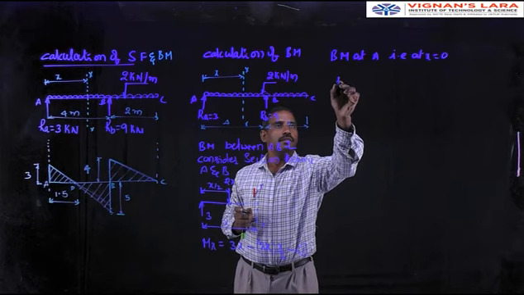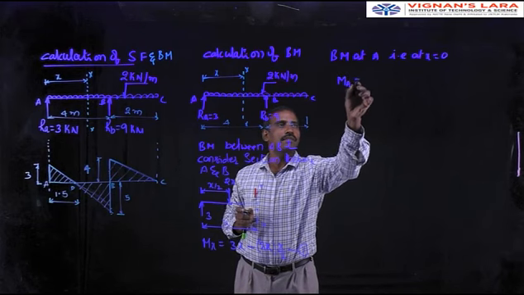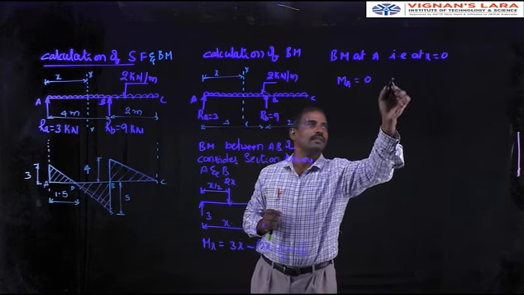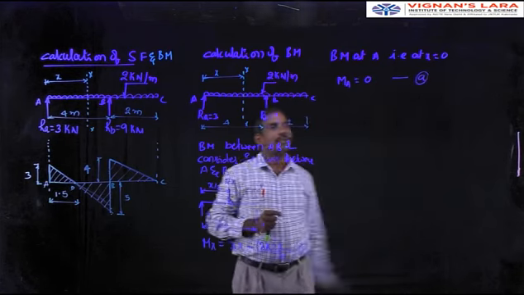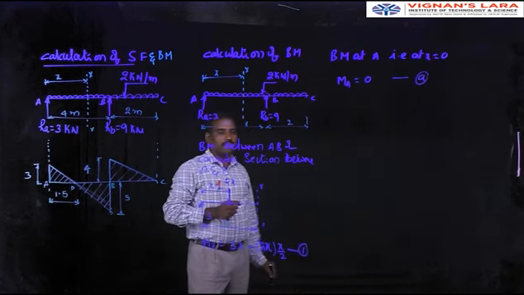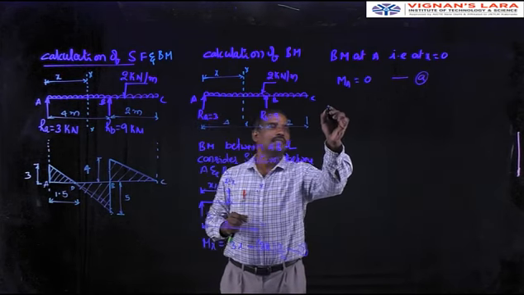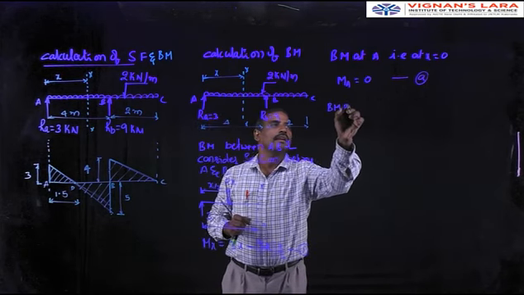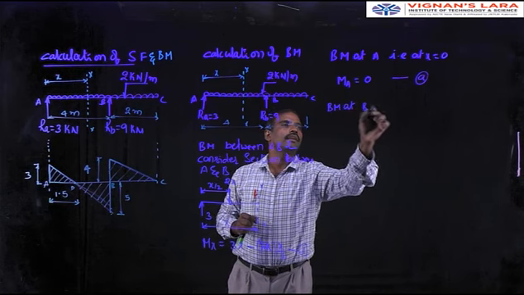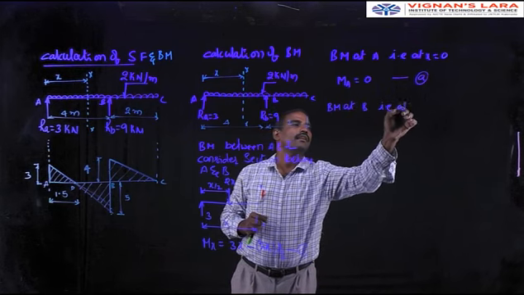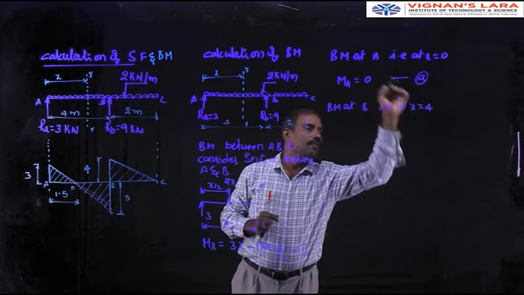Therefore, MA is equal to 0. So this is A, and we know the bending moment at A. Then what about the bending moment at B? Next, BM at B, that is at x equal to 4.